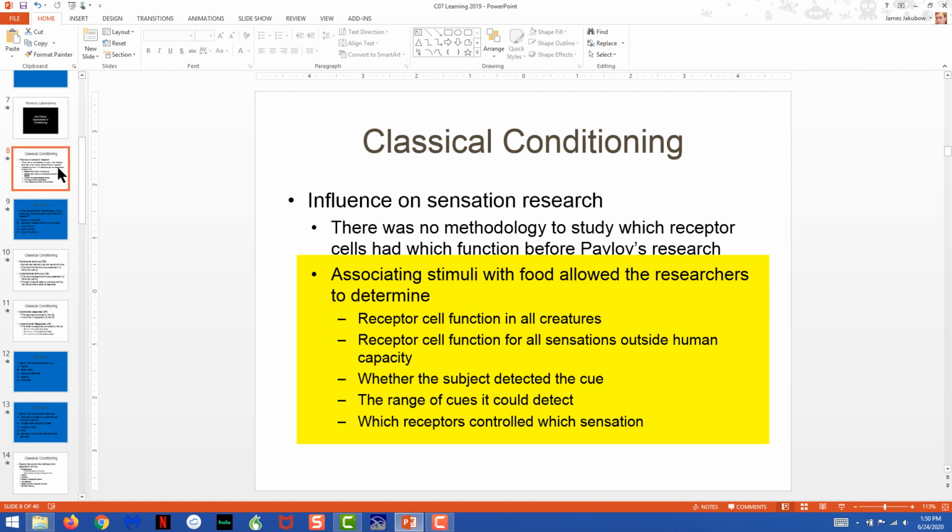But it's only through the use of Pavlovian principles in the laboratory that you can establish that some birds are actually sensitive to magnetic pathways. So what this work does, it opens up the opportunity for researchers to establish cell function in all creatures. That is sensory cell function in all creatures.